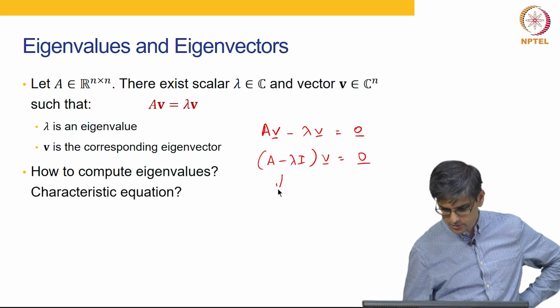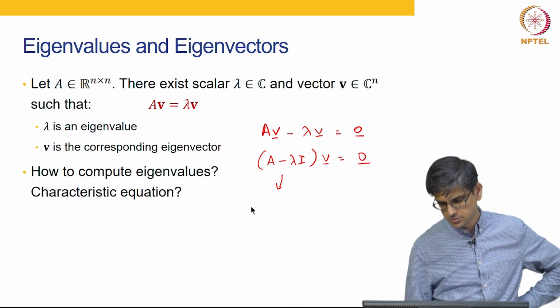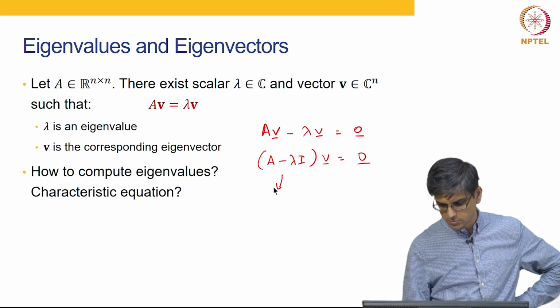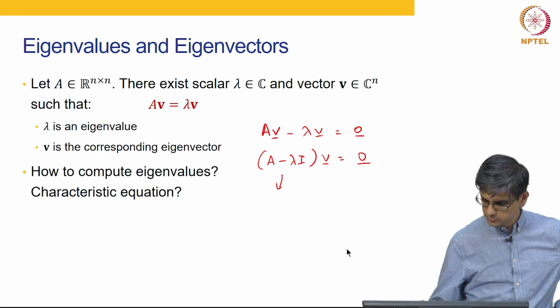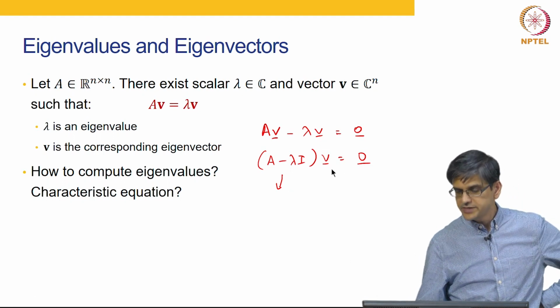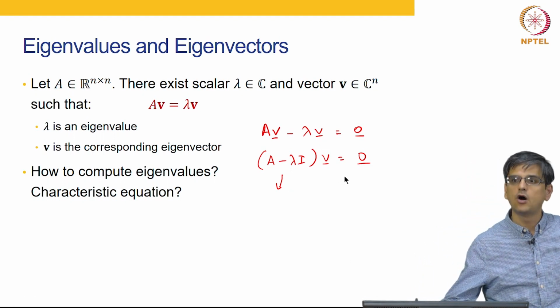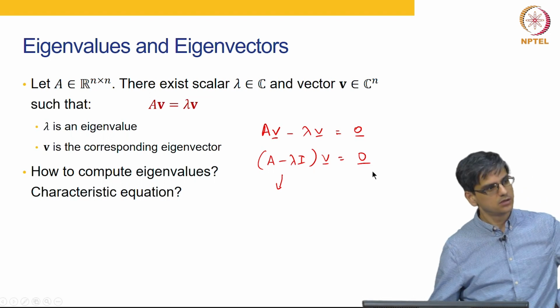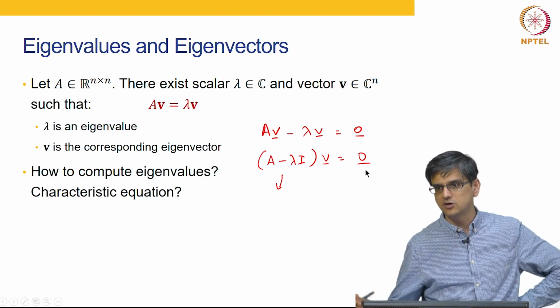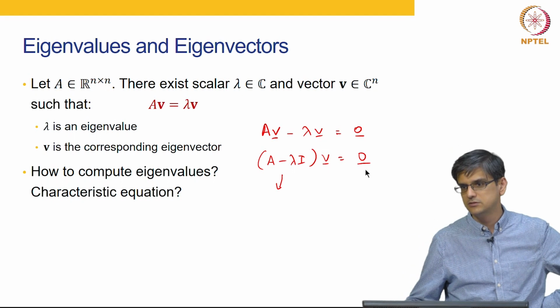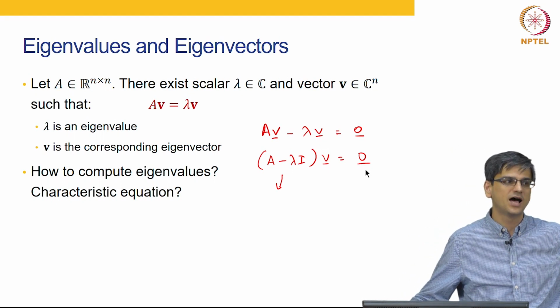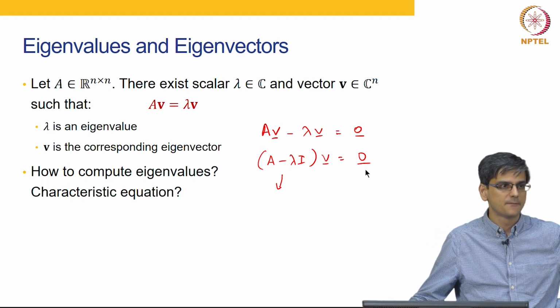This is the way, and so either V bar is 0 bar, or for V bar to not be 0 bar, the determinant of A minus lambda I should be 0, or A minus lambda I should have rank less than n.